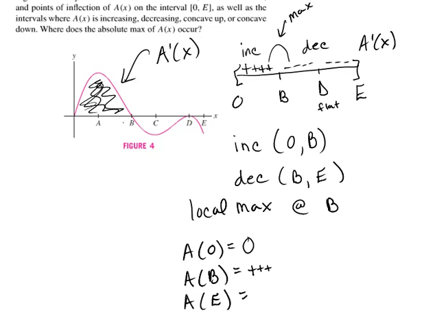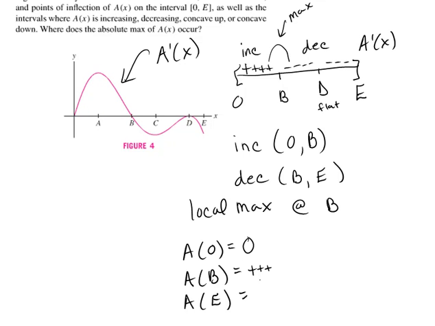Now what you should notice is that as you move to e on the interval, all of the area is underneath the x-axis. So that's negative area. So the function value big A at b is going to be more than big A at e, because the area that you accumulate when you move from b to e is negative, so it's going to cancel out some of this.